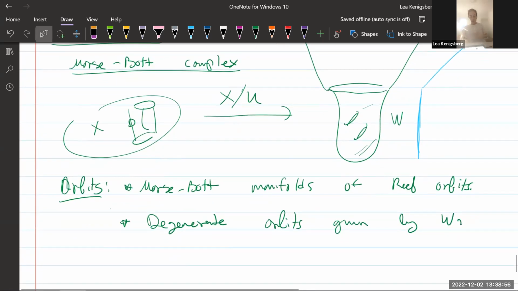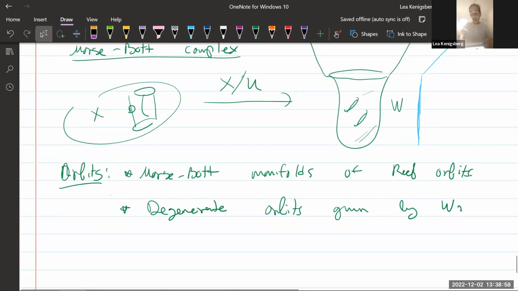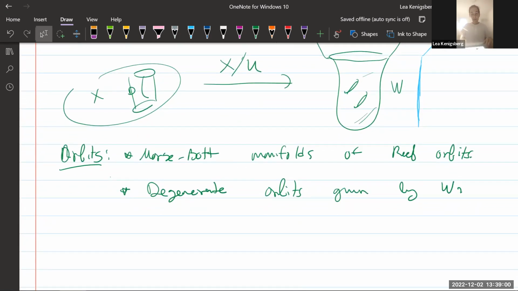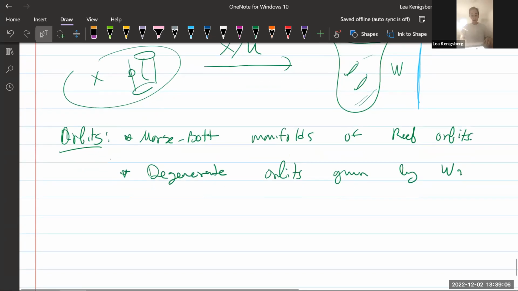So this Morse-Bott complex is going to also compute the symplectic homology. Maybe I should have given an example, but let me just first say this.